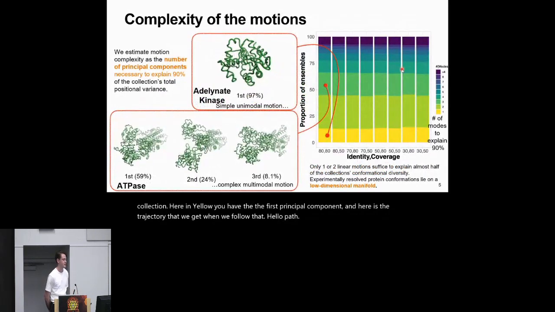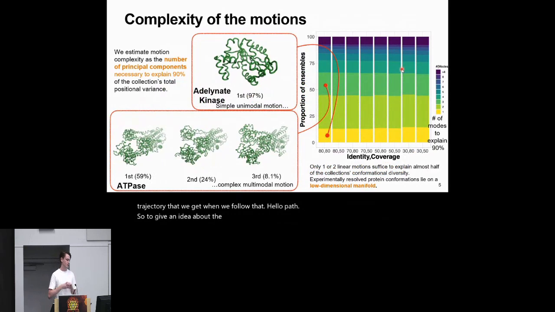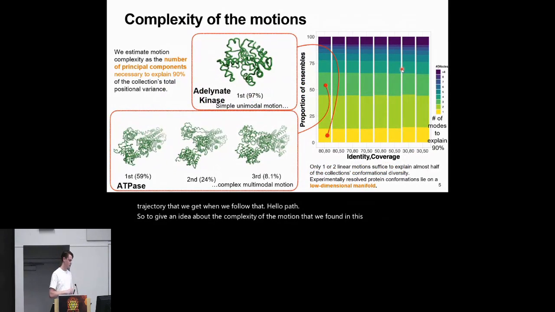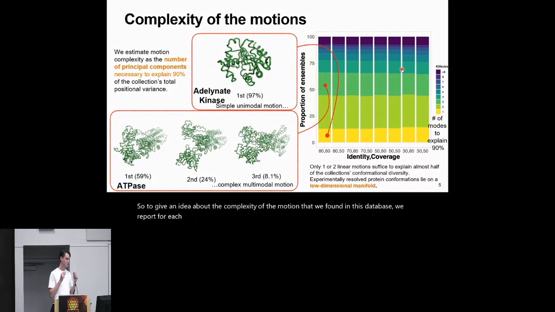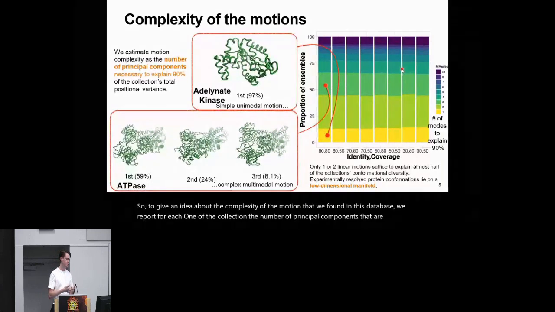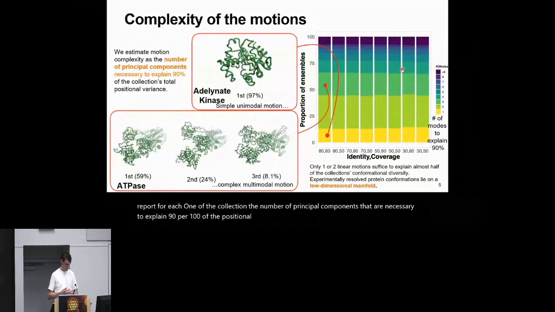So to give an idea about the complexity of the motions that we found in this database, we report for each one of the collections the number of principal components that are necessary to explain 90% of the positional variance.